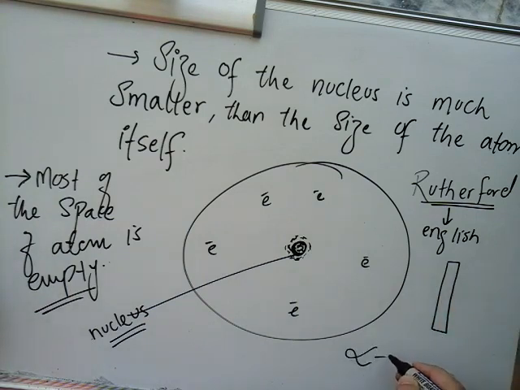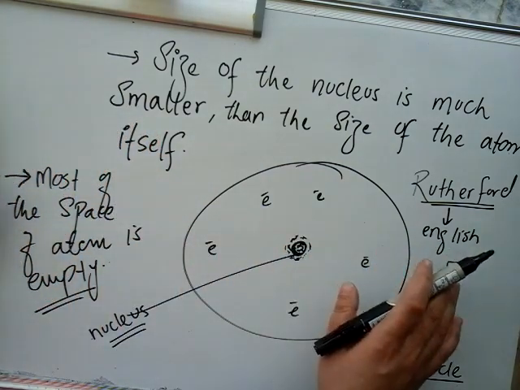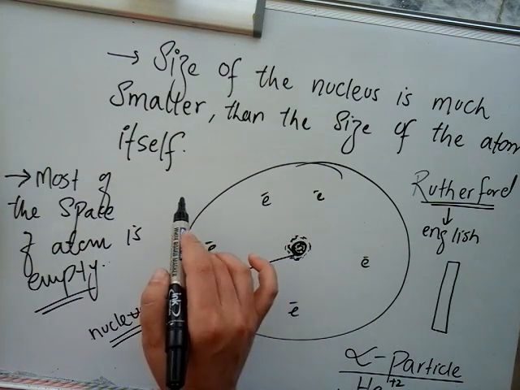The name of this ray was alpha particle. It is a type of radioactive ray, and it is actually helium nuclei with +2 charge. He bombarded this gold foil with this alpha ray.